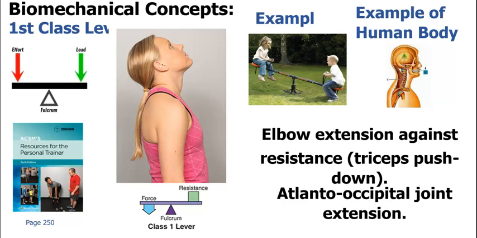This lever system is rarely found in the human body, but an example is between the head and the first vertebra. In this case, the mass or resistance is the head, the fulcrum is the atlanto-occipital joint, and the force comes from the posterior muscles such as the trapezius.